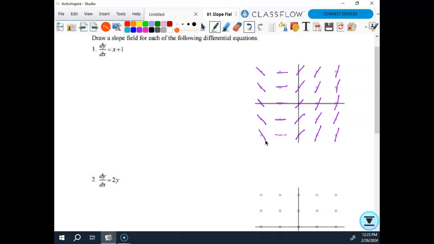So if you were looking for a pattern here and thinking about the fact that these are the slopes of the tiny little tangent lines that you could draw along your figure, what kind of figure do you think this would be the slopes of? Kind of looks like a parabola, huh? Now I know this whole thing doesn't look like a parabola. But you could be given a slope field, and we'll talk about what the whole field means in just a second.